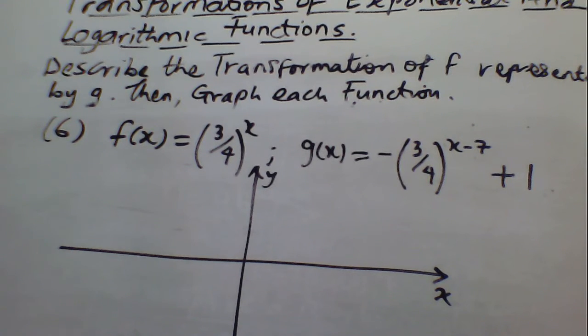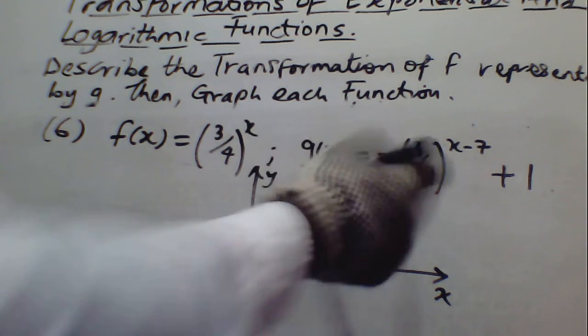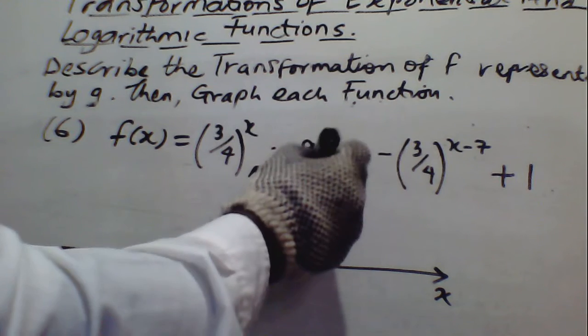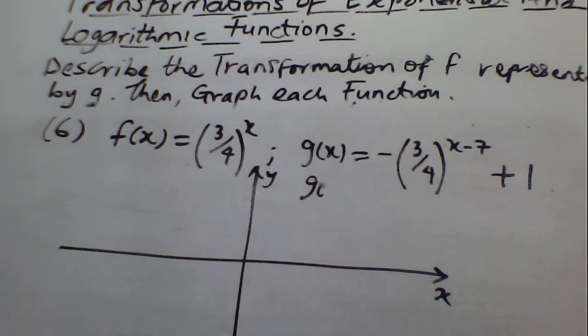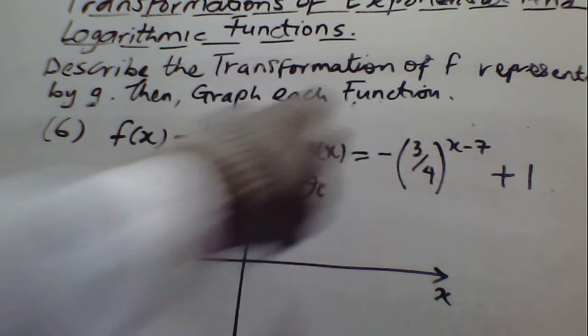First is to choose some points to enable you to do this. Let's choose some points for g of x. The first is when x is equal to 7.